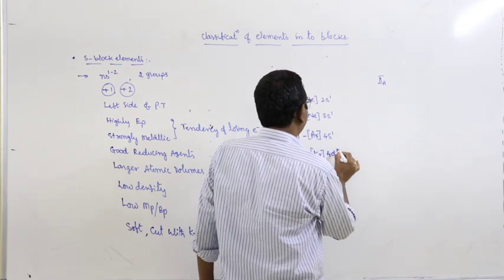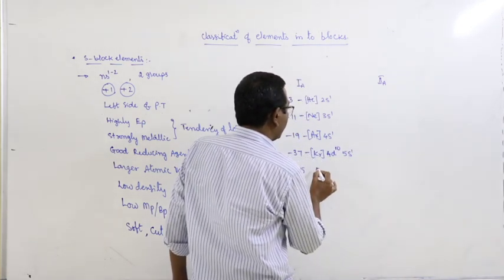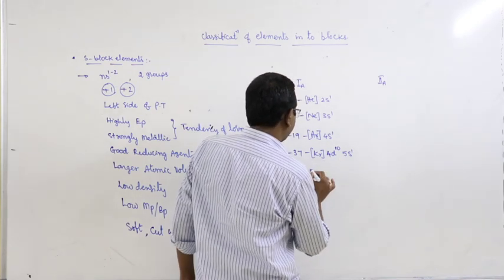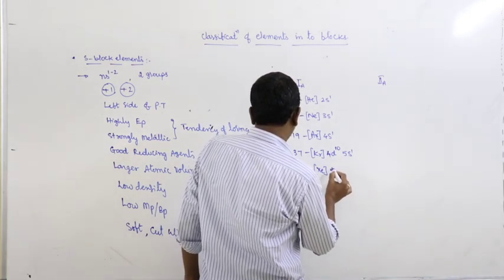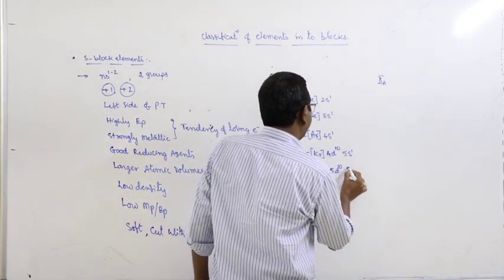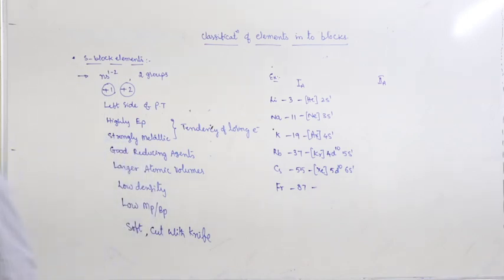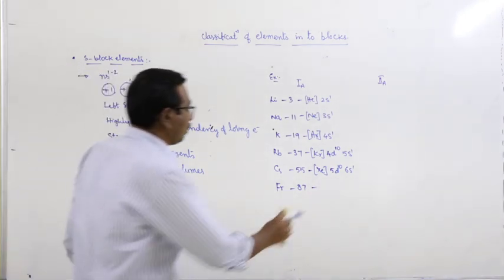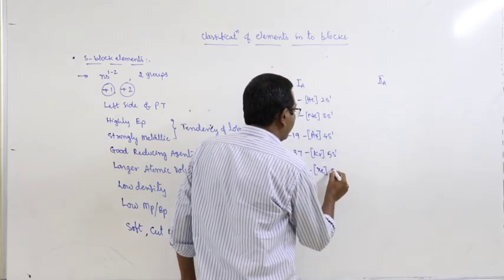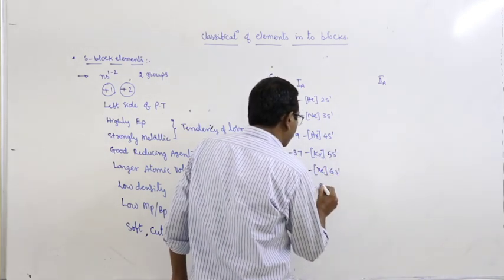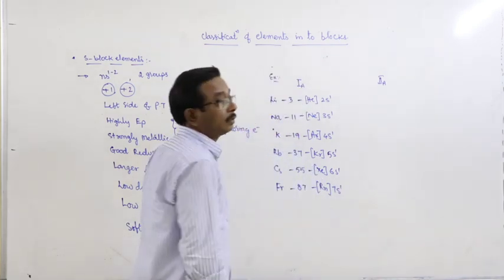4d10 5s1, 5s1, xenon 5d10 6s1. They can be shown within that also. 5s1, 6s1, radon 7s1.